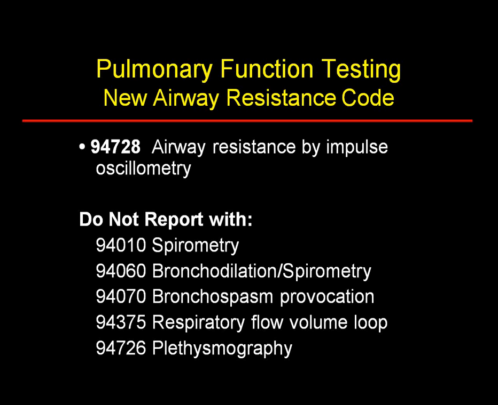As mentioned before, if one is reporting airway resistance by impulse oscillometry, the assumption is that the patient cannot perform spirometry and similarly cannot perform plethysmography, and therefore the 3 routine spirometry studies, 94010, 060, or 070, as well as the flow volume loop, would be prohibited.